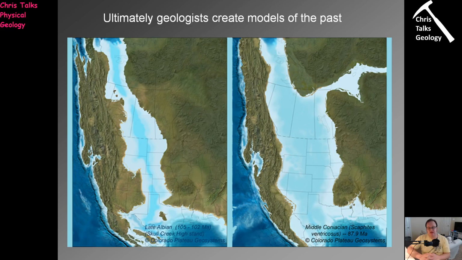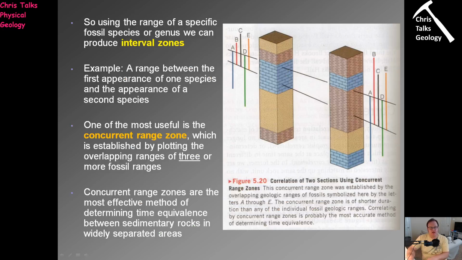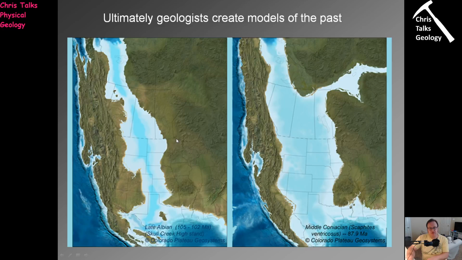So imagine you have a concurrent range zone and you go to every single location that you can find fossils A, B, C, D, and E, and you literally go everywhere you can in North America that has fossils A, B, C, D, and E. Now everywhere you go, those rocks are going to be the same age.